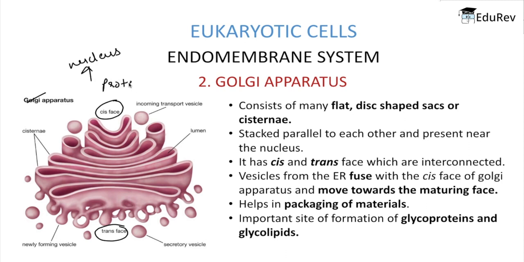So the proteins and lipids coming from endoplasmic reticulum, that is, the proteins are coming from the RER, that is rough endoplasmic reticulum, and lipids are coming from the SER, that is the smooth endoplasmic reticulum. Now these proteins and lipids come and fuse from the cis face in the form of vesicles, and throughout the Golgi apparatus they get modified and slowly they move towards the maturing face, which is also called the trans face.